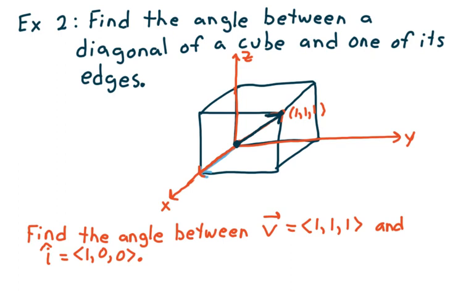And what I want to do is find the angle between that vector, which is 1, 1, 1, and this edge. And I'm just going to go for the edge along the x-axis. Could I have chosen a different edge? Yes. But I claim you're going to get the same answer regardless of which edge you choose.